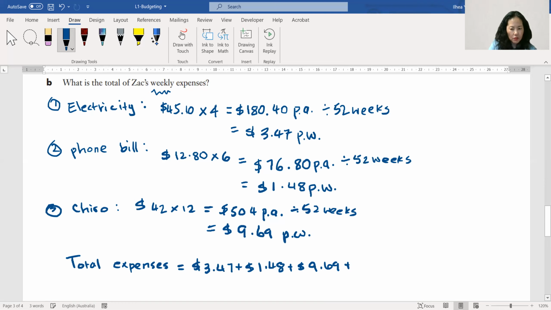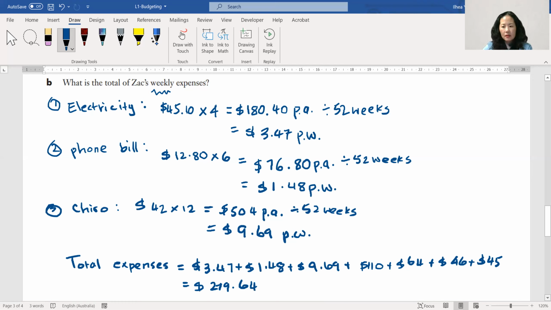And then we have to write all the rest: rent, 110, food, 64, transport, 46, and the last, entertainment, 45. So we put all that in a calculator, and we will get $279.64. Okay, so that's the weekly expenses.